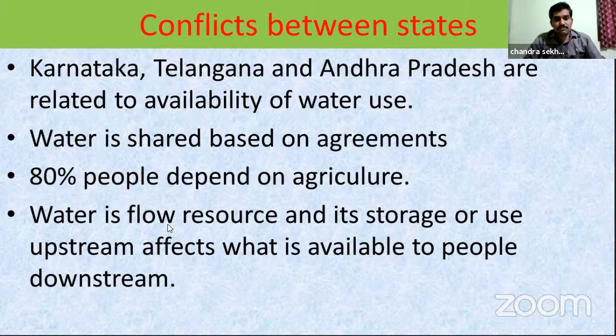But at the same time, in flood conditions, the upper portion releases water into the lower portion, and the downstream people are affected because of floods. So in flood seasons, the downstream people living in the lower catchment area are affected more. In drought conditions too, the upper people are not releasing water because of lack of water.